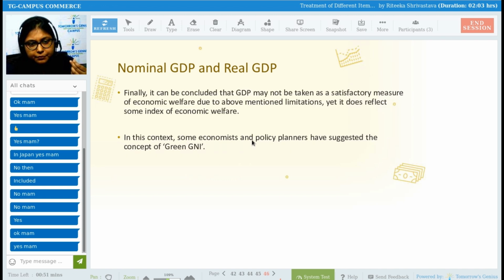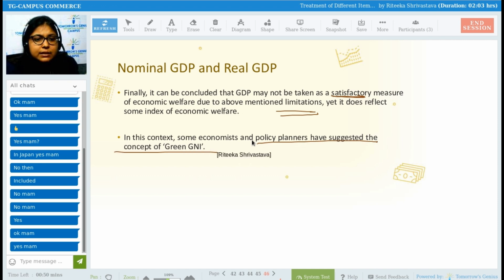So it can be concluded that GDP may not be taken as a satisfactory measure of economic welfare due to the above mentioned limitations, yet it does reflect some index of economic welfare. Some economists and policy planners have suggested the concept of green GNI, that is green gross national income.